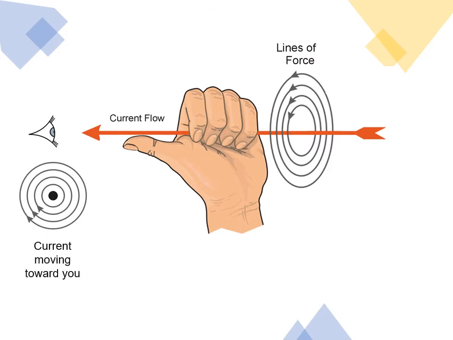So we use a circle with a dot to indicate that the current is moving towards you, or out of the page, so that it looks like we are looking at the tip of the arrow. If we take our left hand and point our thumb in the direction of the tip, or out towards you, then our fingers would wrap around the conductor in the direction of the magnetic field, which in this case is clockwise.